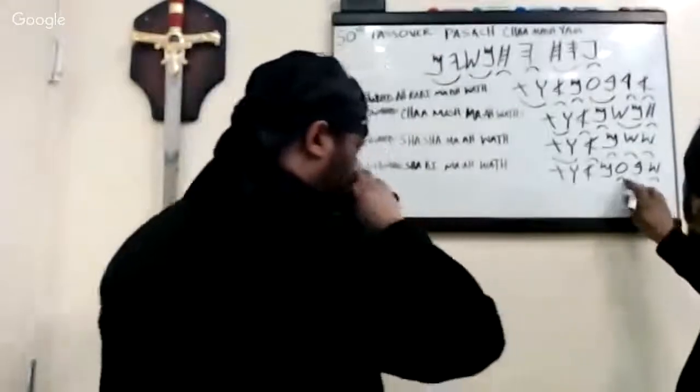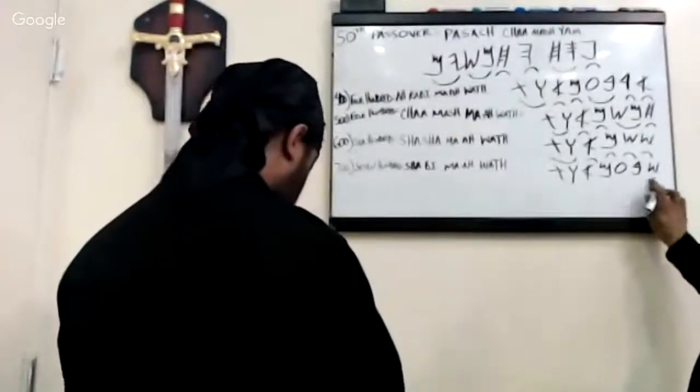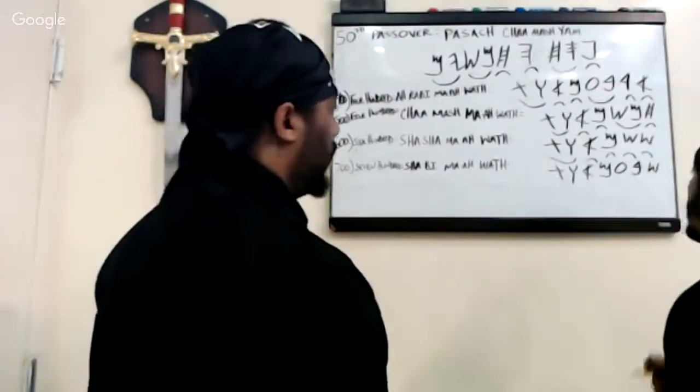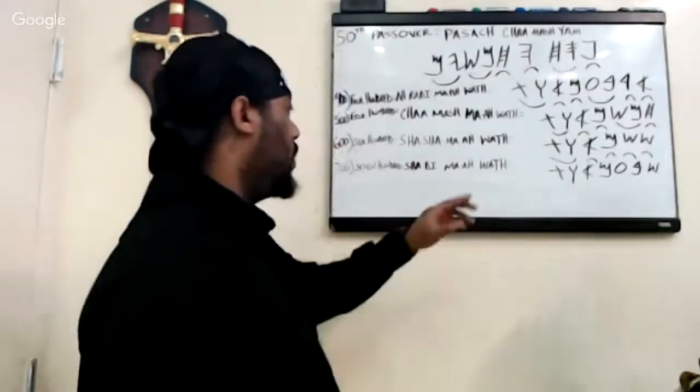Erase that connector. Let's always start from the right to the left. We don't want to start from between or from the left. Let's always start from the right to the left when we're dealing with this Lashon Kodesh.